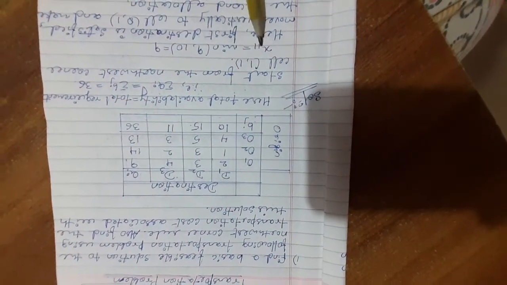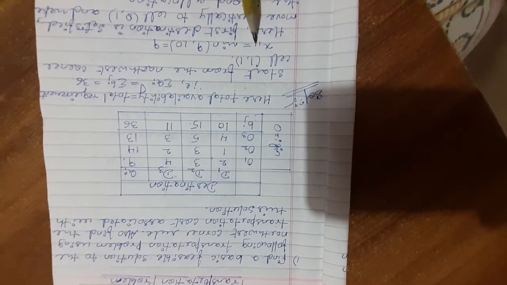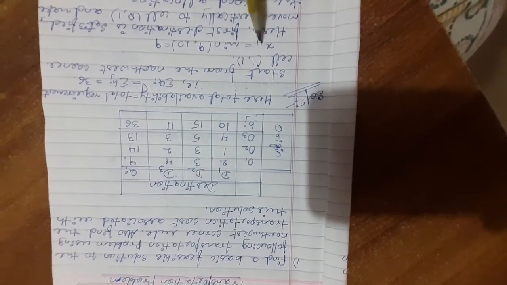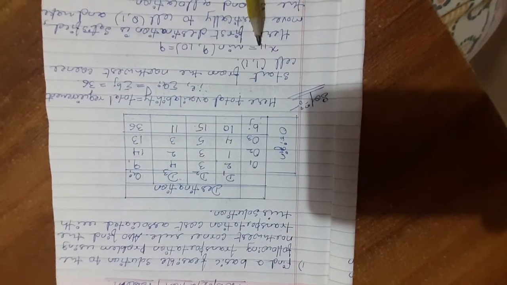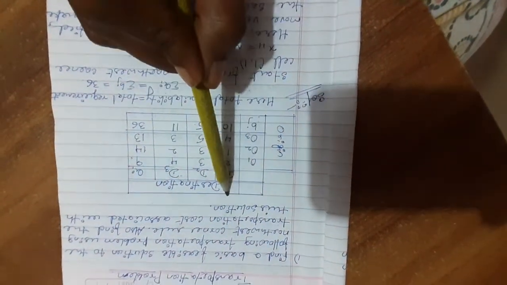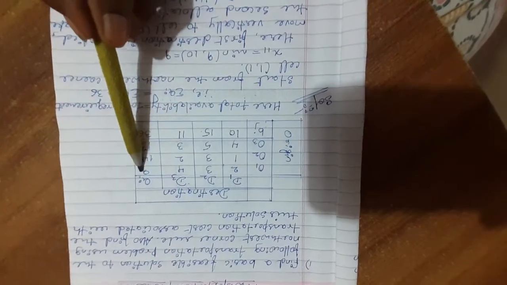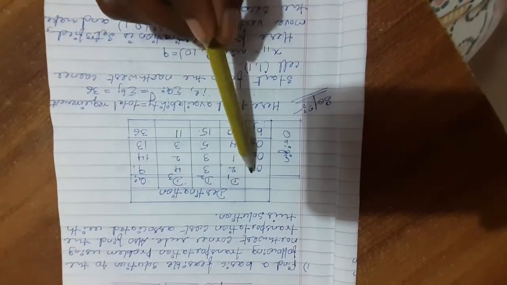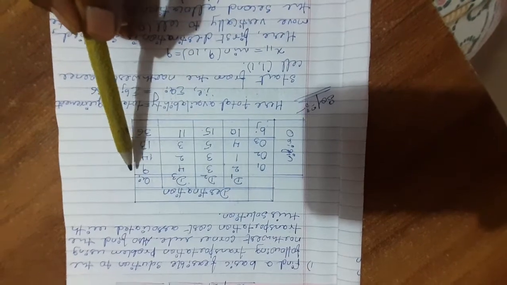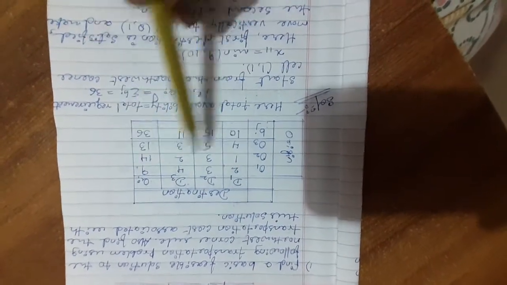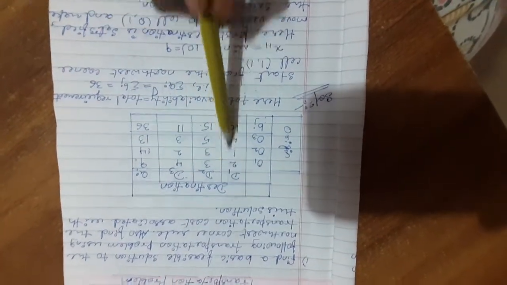Then x11 stands for the number of units for the first row and first column, which equals the minimum of AI, BJ: availability of the first row and requirement of the first column.